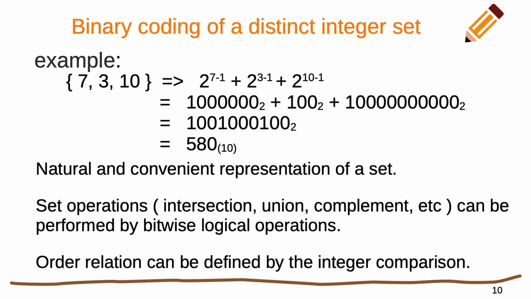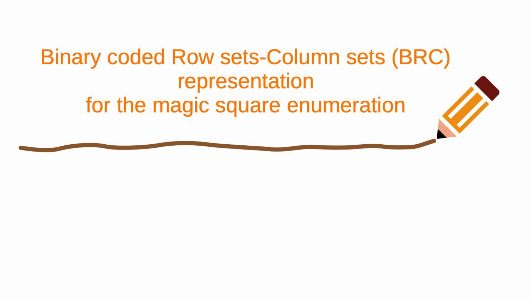Set operations like intersection, union, or complement can be performed by bitwise logical operations. We call the row set column set representation with the binary coding the binary coded row set column set representation, or BRC representation for short.